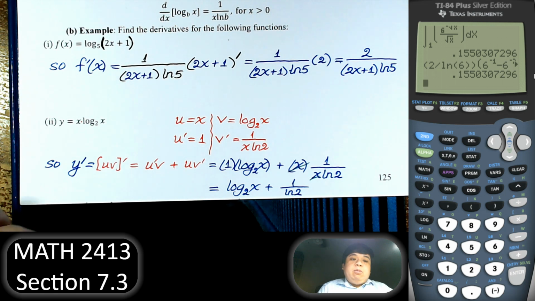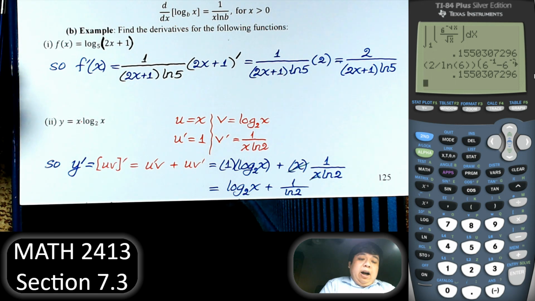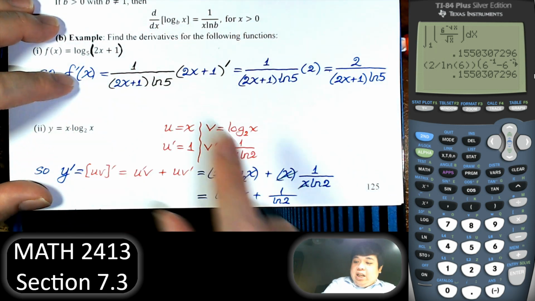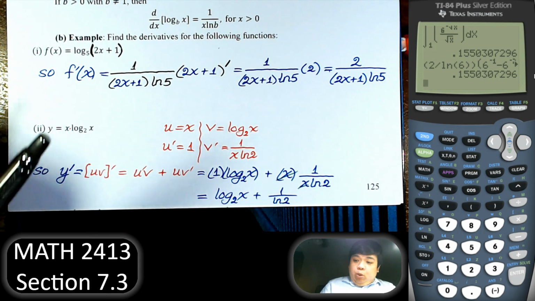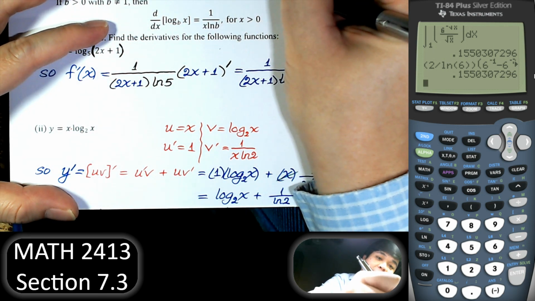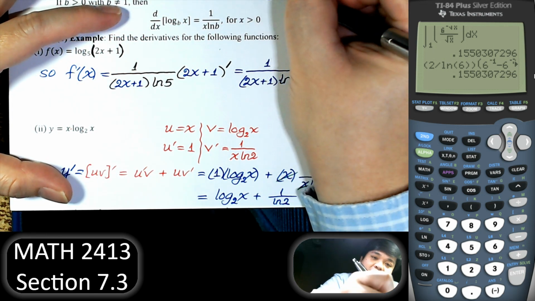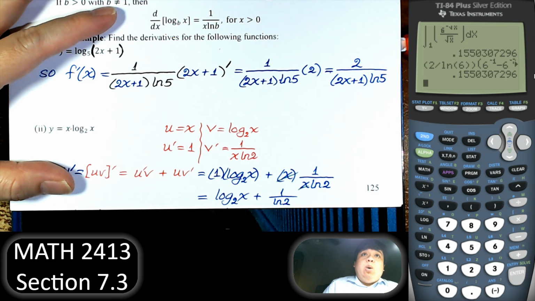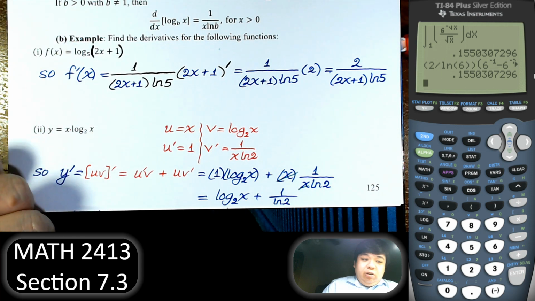Right, now I just want to go back and prove this because this is very easy to prove. Now if we have a function with any base other than e, we use what we call the change of base formula.